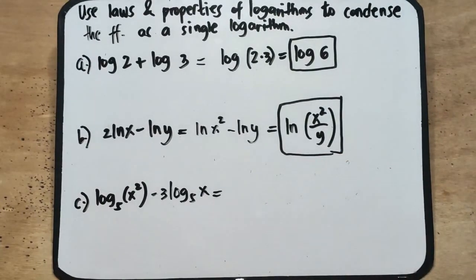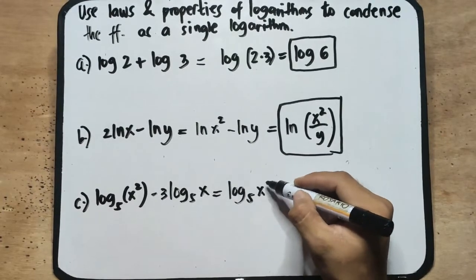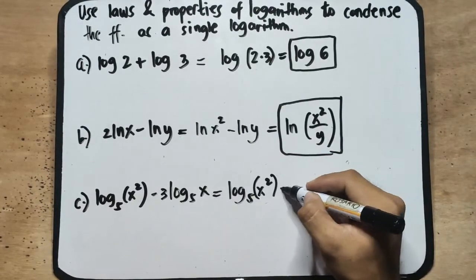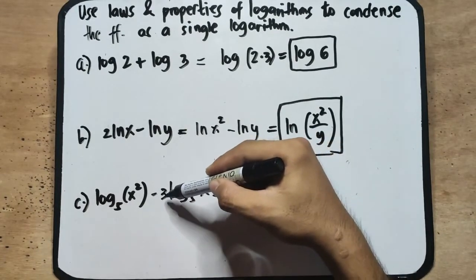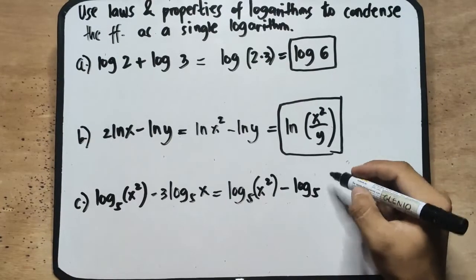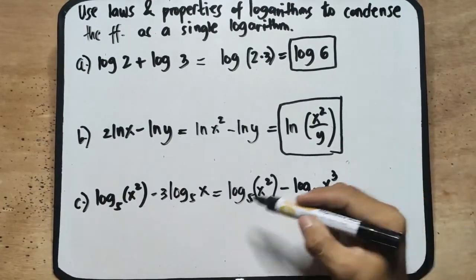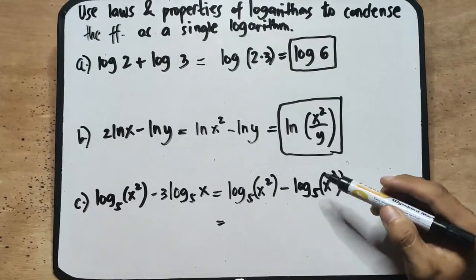For the third item, we have log base 5 of x squared minus 3 times log base 5 of x. So, we have log base 5 of x squared minus, since mayroong 3 dito, itataas natin siya since this is the exponent of x. So, we have log base 5 of x cubed. Since ang operation ay subtraction, magiging division siya.